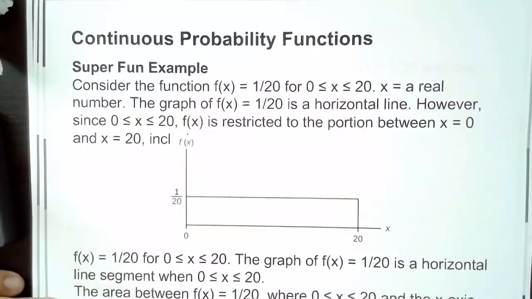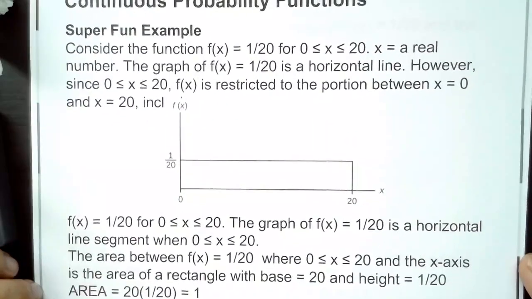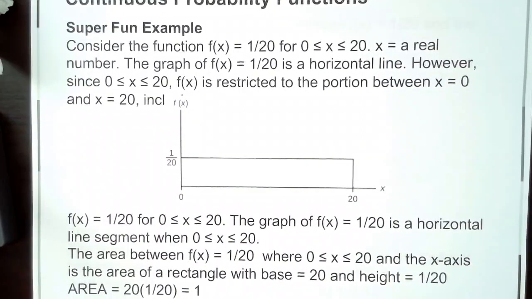So here's a super fun example. Consider the function f of x equal to 1 over 20 for x between 0 and 20 inclusive. So x is a real number.